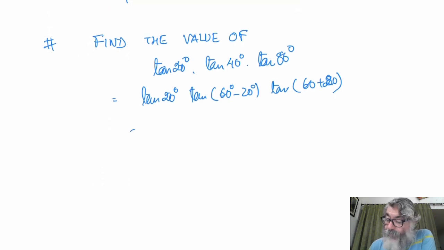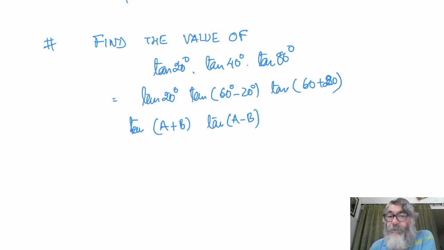So it becomes tan(a plus b) into tan(a minus b). We need to calculate, because tan(60 plus 20) and tan(60 minus 20) is tan(a plus b) into tan(a minus b).